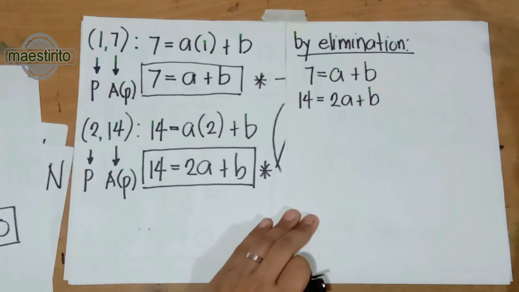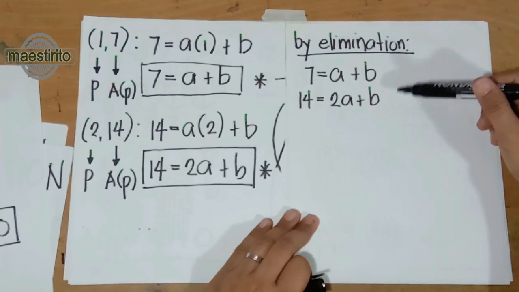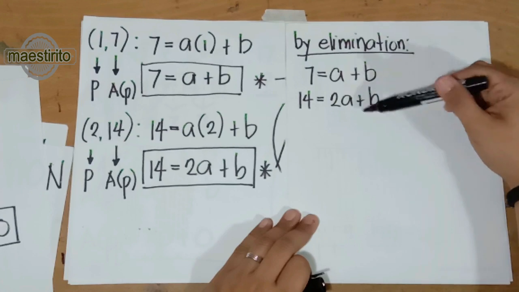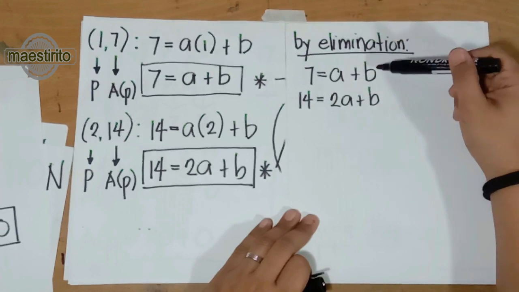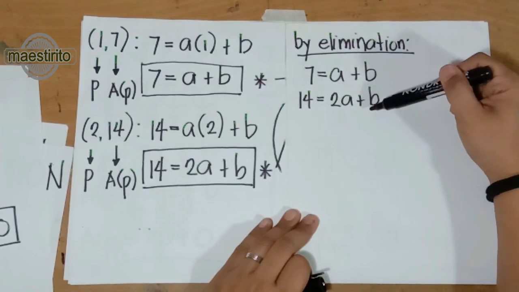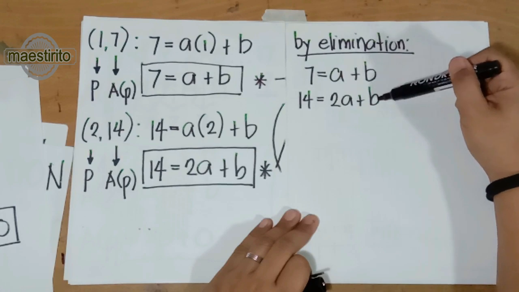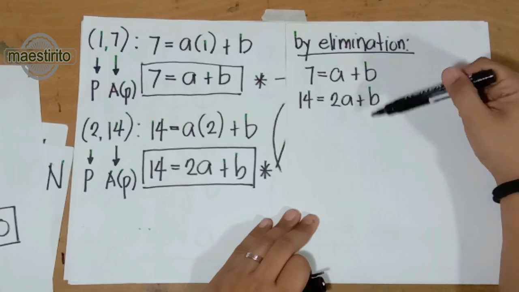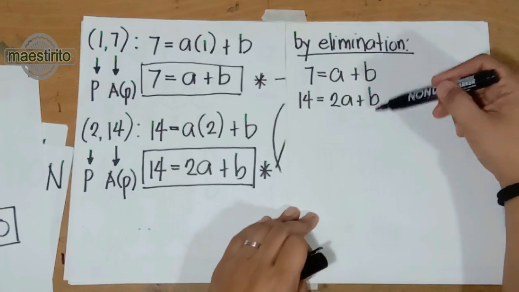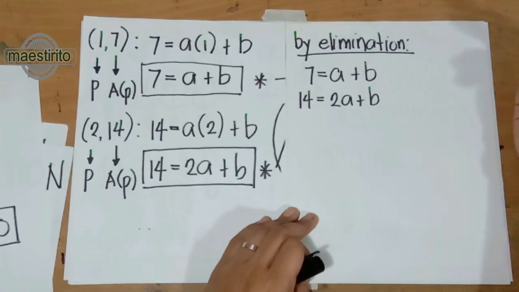And how is that? Remember, when you do elimination, if you're going to perform the operation here, especially the addition, the B here and the B here, if you perform addition, it will give you 0. So therefore, to eliminate B, one of them should be negative.